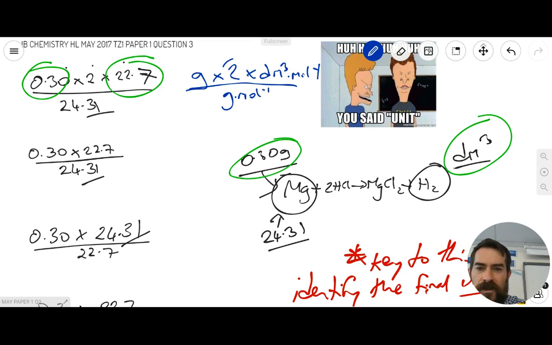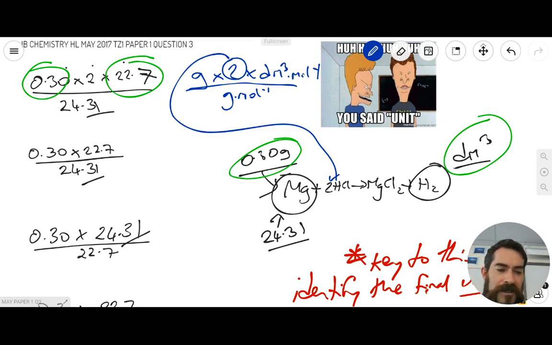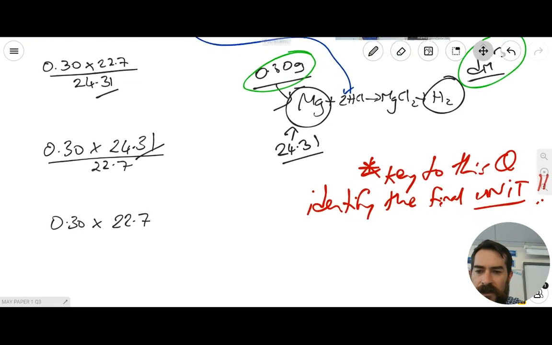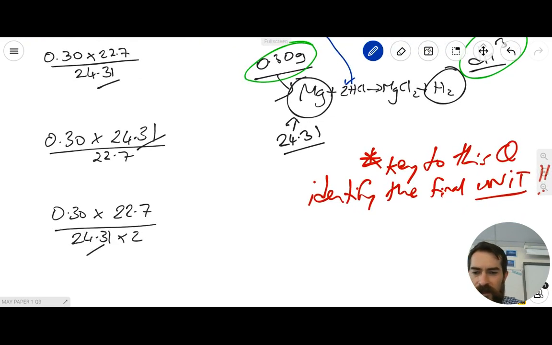Now this 2 is actually trying to trick you into looking at the 2 which comes from the 2 moles of hydrochloric acid. But of course, that's not the reactant that we're focused on here. We were told we were dealing with magnesium. So already we can say the first answer is not the correct answer. That also eliminates very quickly the 4th answer, but in the 4th answer, they also use the number 2 there as well.